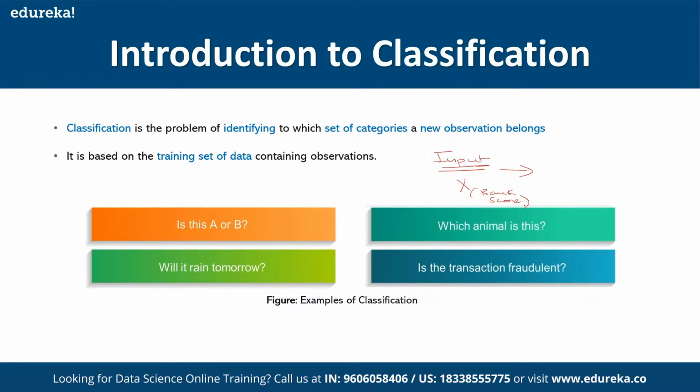You know that there are CRISIL score, credit score, a lot of scores. Suppose you give that as an input to a machine learning model that has already been trained on historical data. It needs to predict whether you should give a loan to this person, yes or no. So based on this input, your machine learning model needs to predict yes or no.